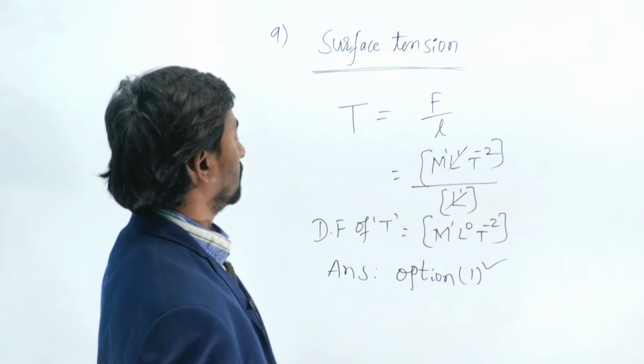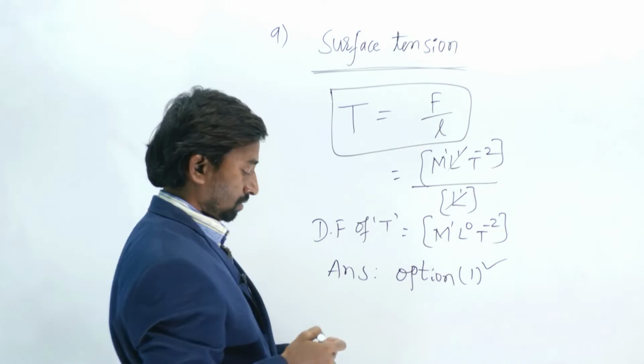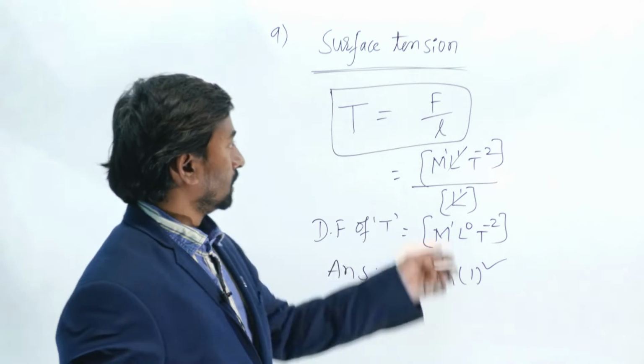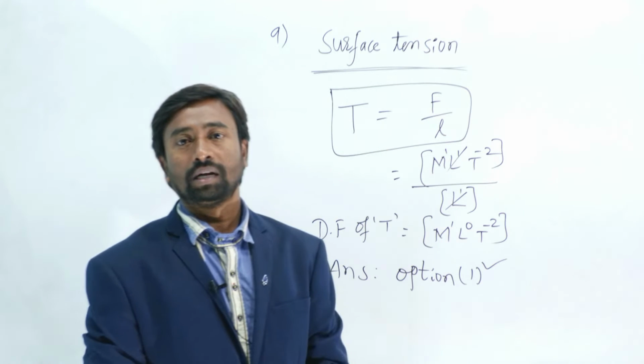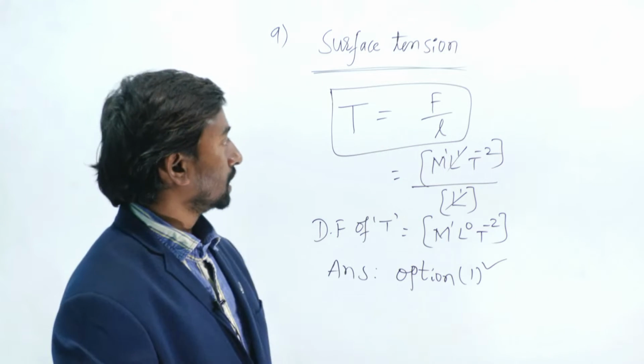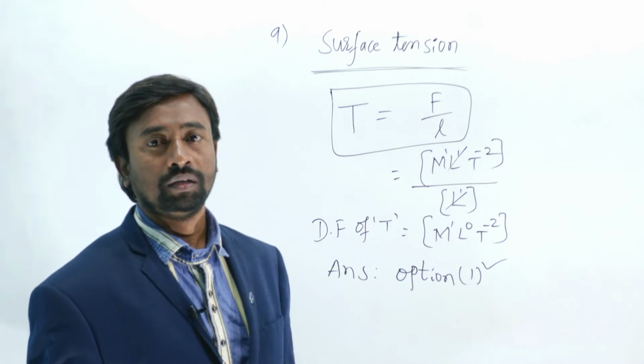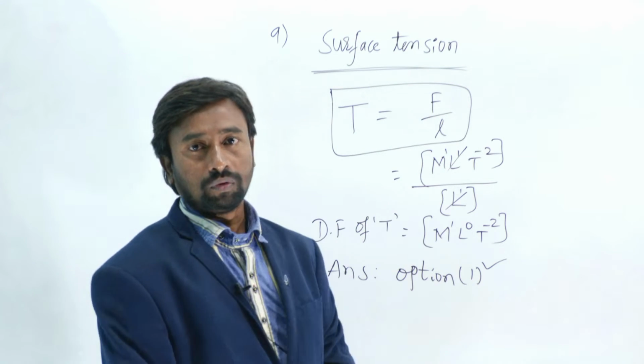So the dimensional formula of surface tension: surface tension is nothing but force per unit length on the surface of the liquid. So what is this length? It is an imaginary line drawn on a liquid surface. On either side of this line, a force is exerted by the molecules of the liquid.